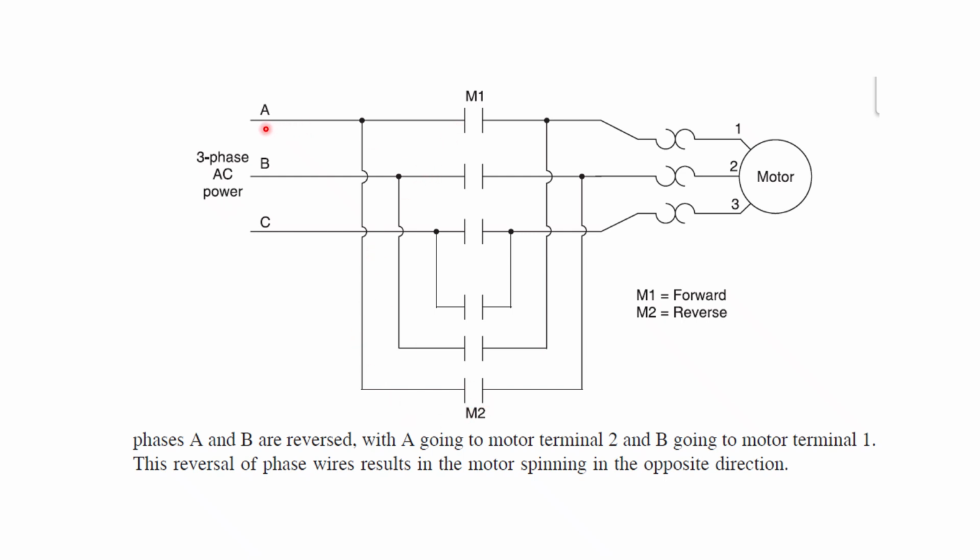If it is connected with M1, it makes the motor run in a forward direction. If it is connected to M2, the motor should move in a reverse direction, but the interlocking is going to ensure that both operations are not done at the same time.